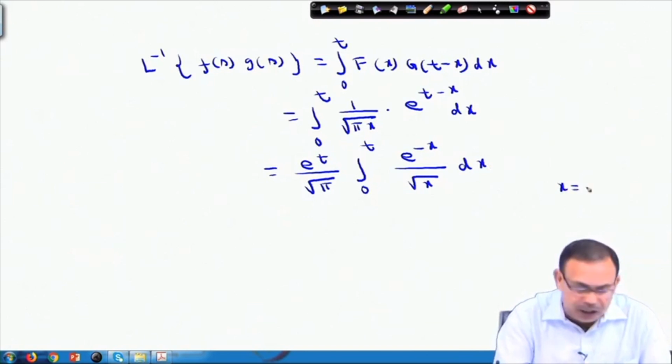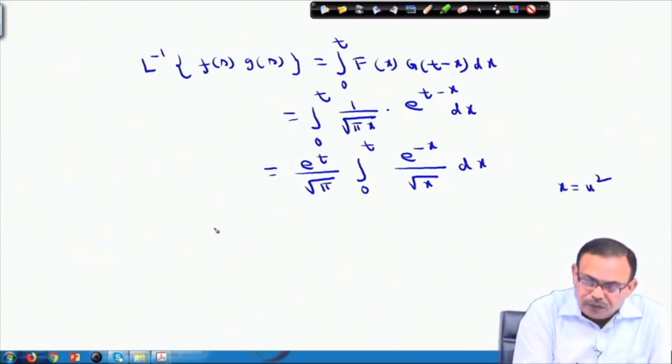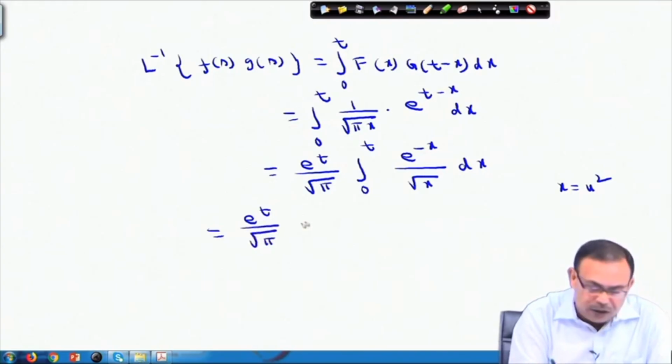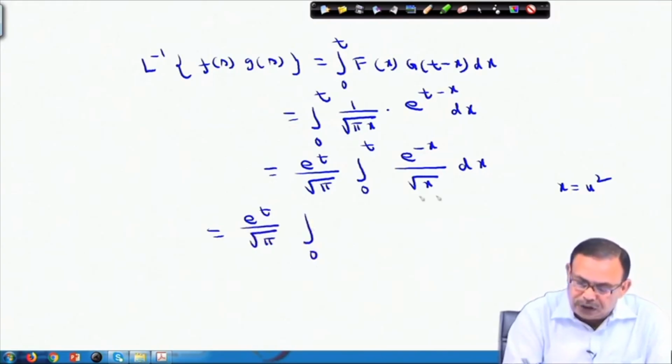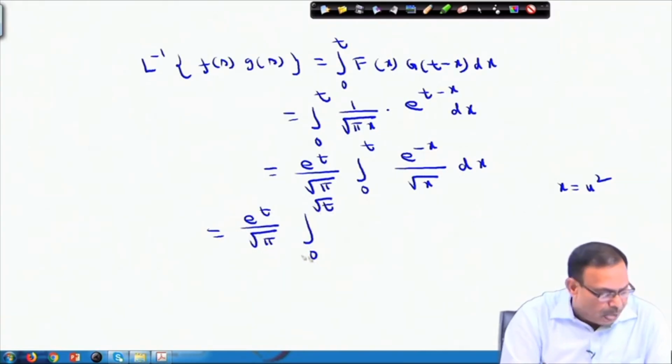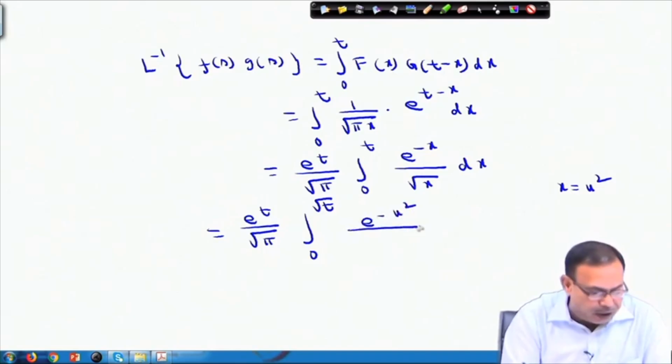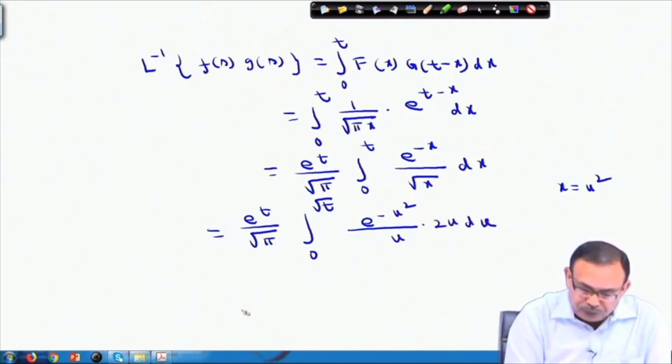If you put here x equals u square, then this will become e to the power t by root pi into the integral from 0 to root t of e to the power minus u square by u into dx, which will be 2u du.